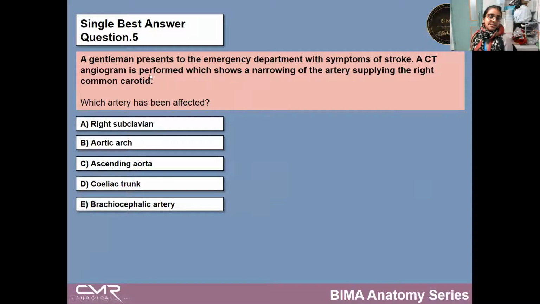A gentleman presents to the emergency department with symptoms of a stroke. A CT angiogram is performed, which shows a narrowing of the artery supplying the right common carotid. Which artery has been affected?